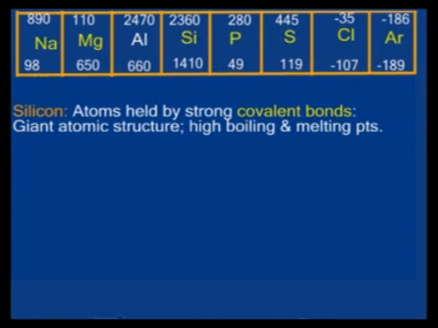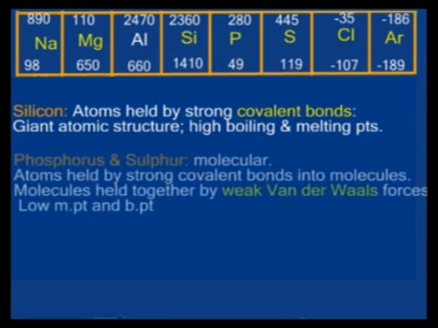For silicon, all atoms are held together by strong covalent bonds. This is a giant atomic structure and hence the high melting and boiling point in silicon. Phosphorus and sulfur are both molecular, and remember, a molecule is made up of 2 or more atoms.